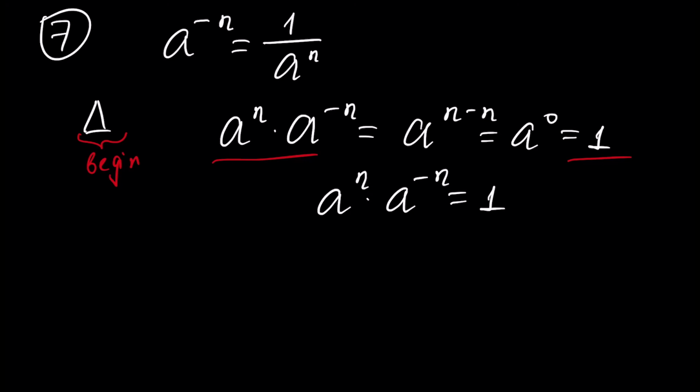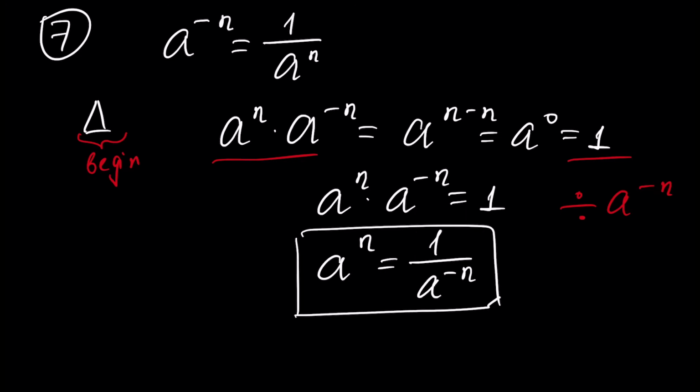Now we divide both sides of our equation by a to the power n, and we have a to the power minus n is equal to 1 divided by a to the power n. So we have a proof of this result.